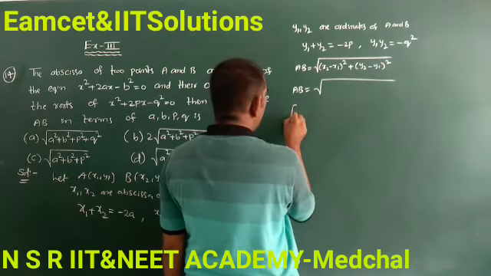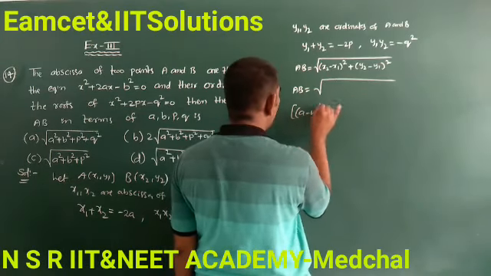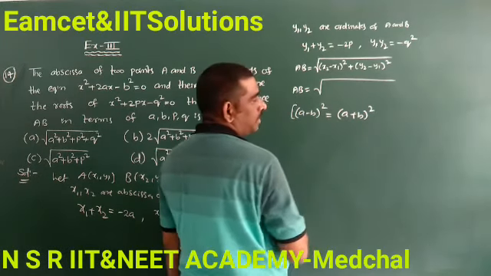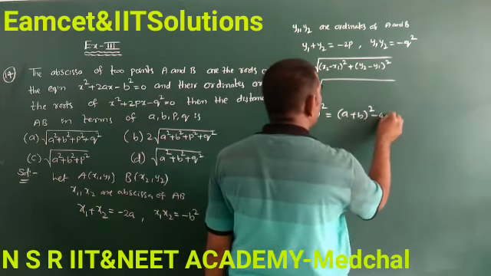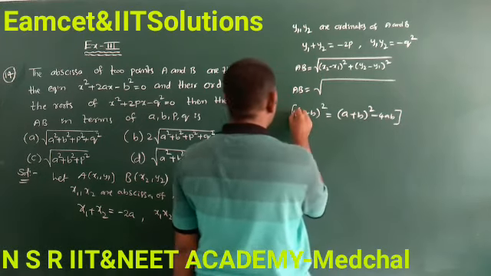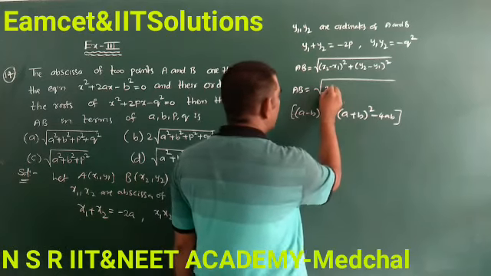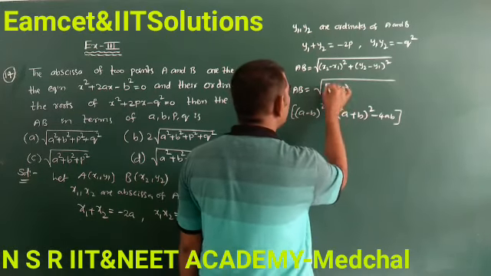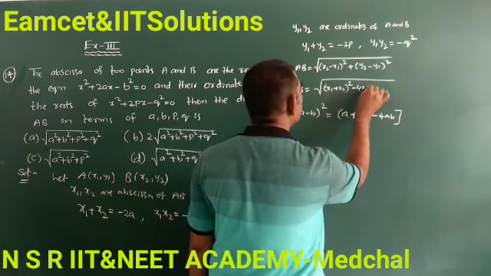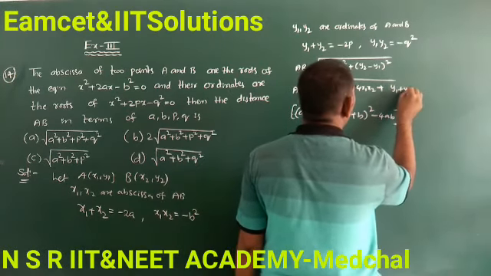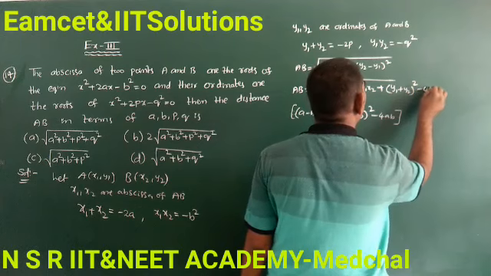So a minus b whole square in terms of a plus b whole square, the formula is a minus b whole square equals a plus b whole square minus 4ab. So (x2 minus x1) whole square we write as (x1 plus x2) whole square minus 4 x1 x2, plus this one also, (y1 plus y2) whole square minus 4 y1 y2.